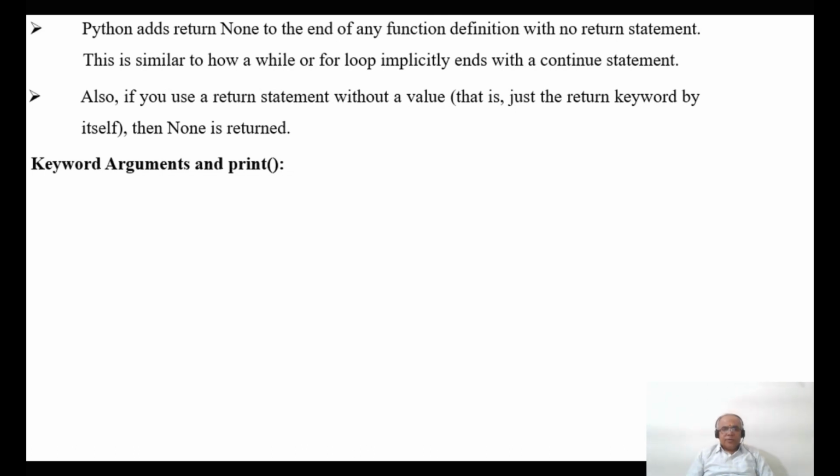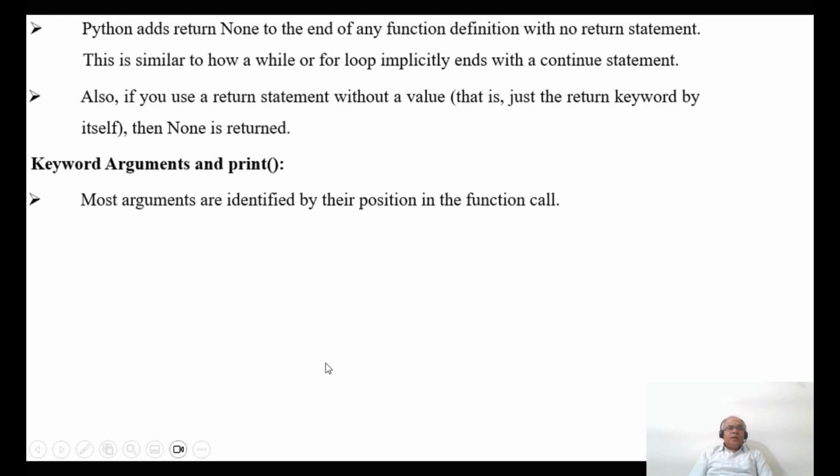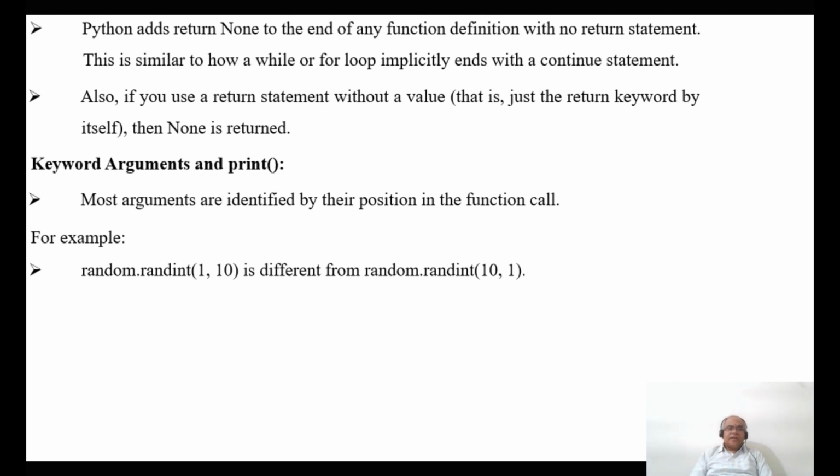In this video, we are going to take up keyword arguments and the print function. Most arguments are identified by their position in the function call. For example, random.randint(1, 10) is different from random.randint(10, 1).